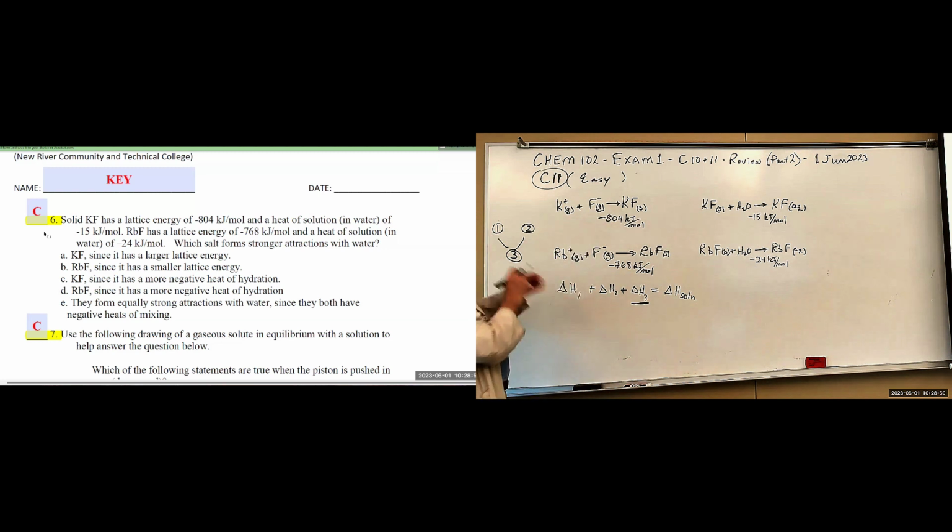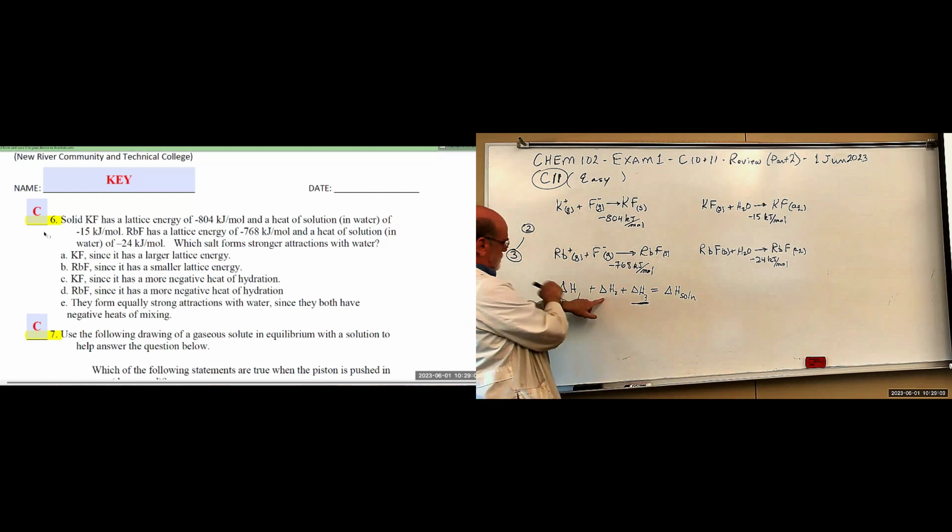That's how much energy it takes to break them apart, but it's going to be a positive value. This delta H has to be positive because we have to put energy in. So for this one, it's going to be 804, and for this one, 768. This one is splitting the solvent apart.